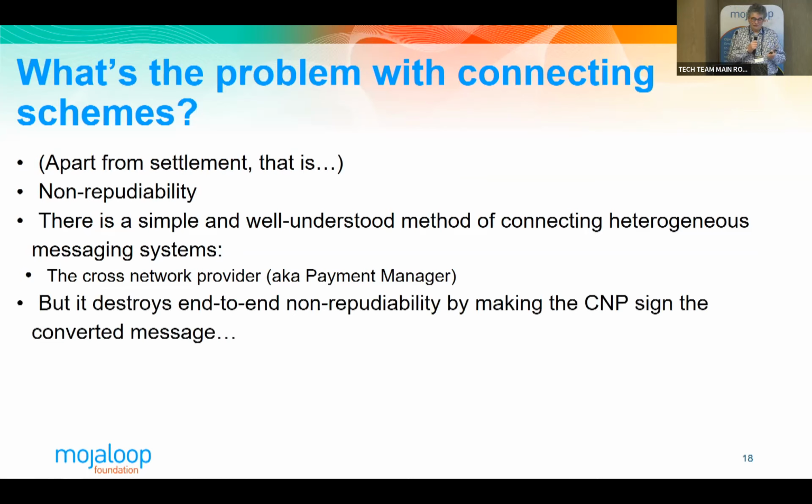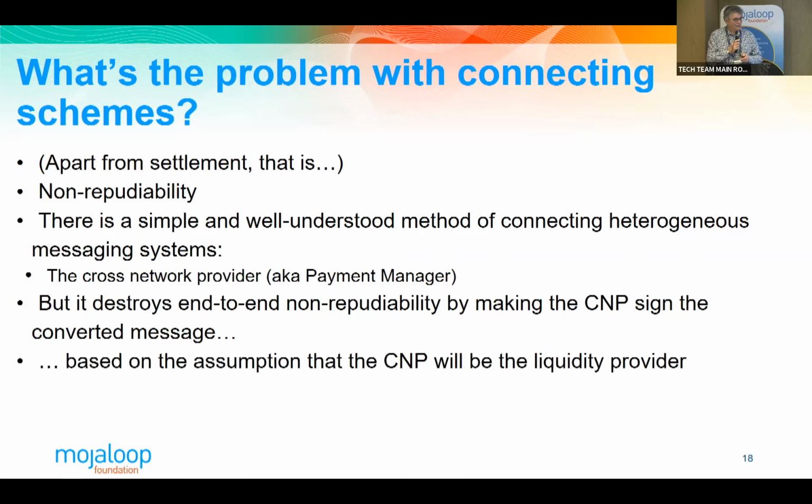The problem with the cross-network provider is that it destroys end-to-end non-repudiability because the cross-network provider needs to sign the converted message. And that has to be the converted message because it's the thing that goes forward into the other system. It's also based on the assumption that the cross-network provider will be the liquidity provider, so everybody says, well, that doesn't matter much.